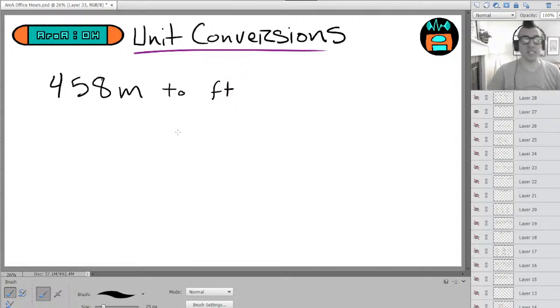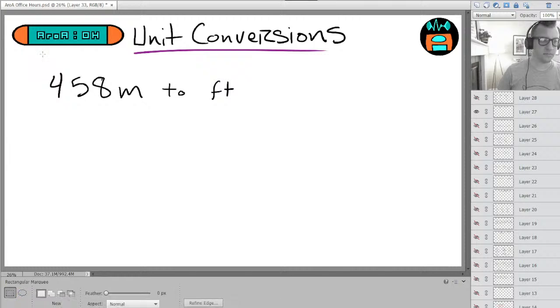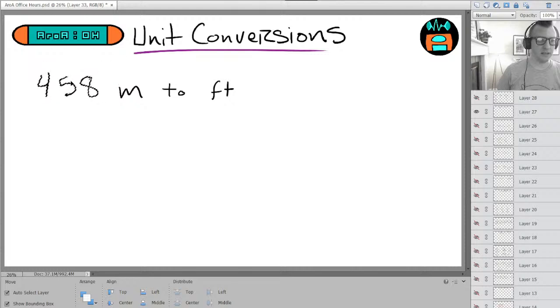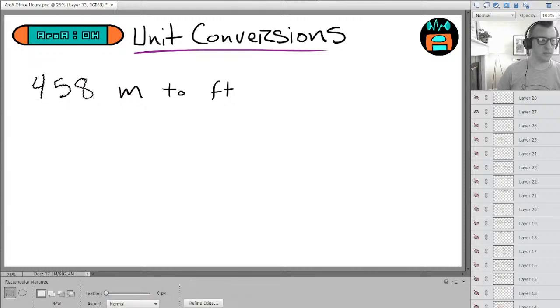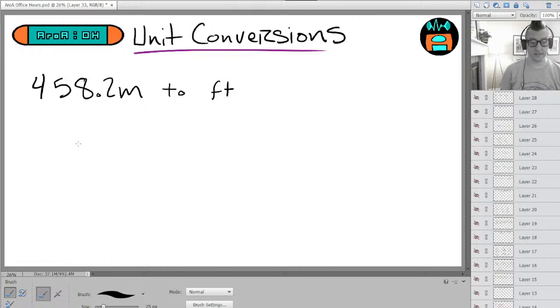This is going to be a multi-step process. Hang on. I want to alter this slightly. We're going to say 458.2 meters to feet.